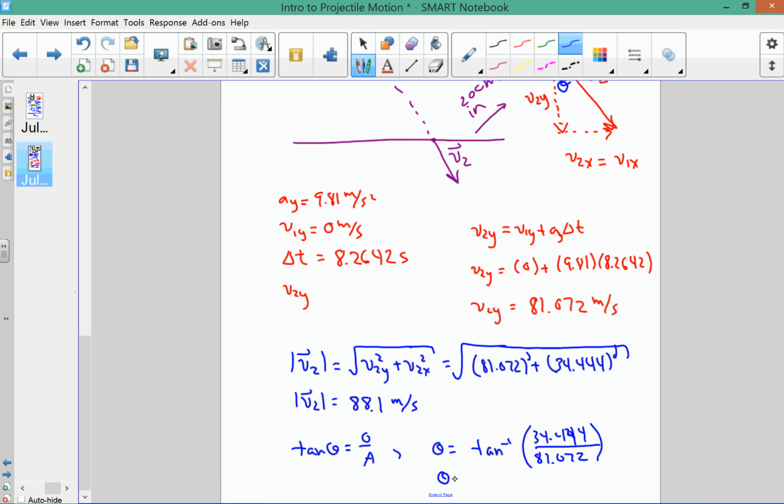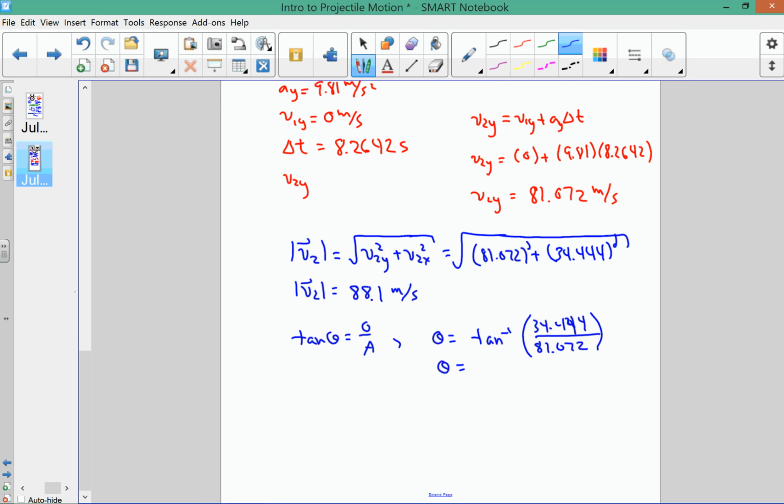Notice I'm not rounding at all, I'll round at the end. So in our calculators, tan inverse is 34.4444 divided by 81.072, and that gives us an angle of 23.0 degrees.